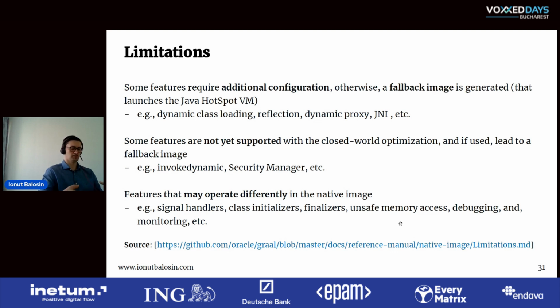For example, if you are using Flight Recorder, this is not possible at all, because this is a binary process started in a different way than how you start with the normal JVM. More about these limitations you find here. I think this is the best way to read about this because the Oracle Labs native image team keeps this updated. But yeah, you have to be careful with this.